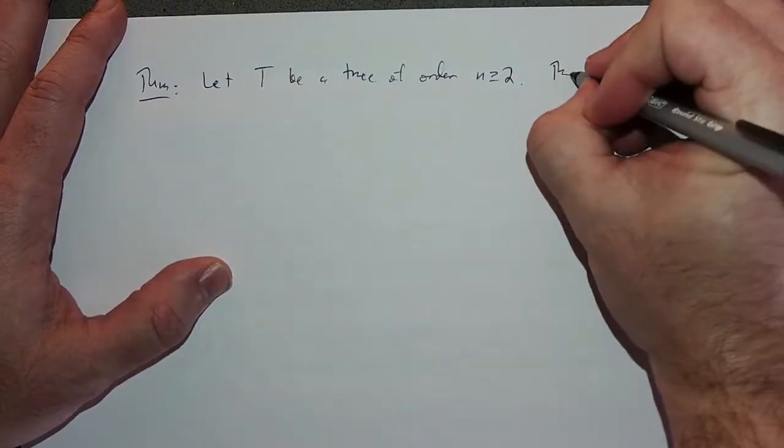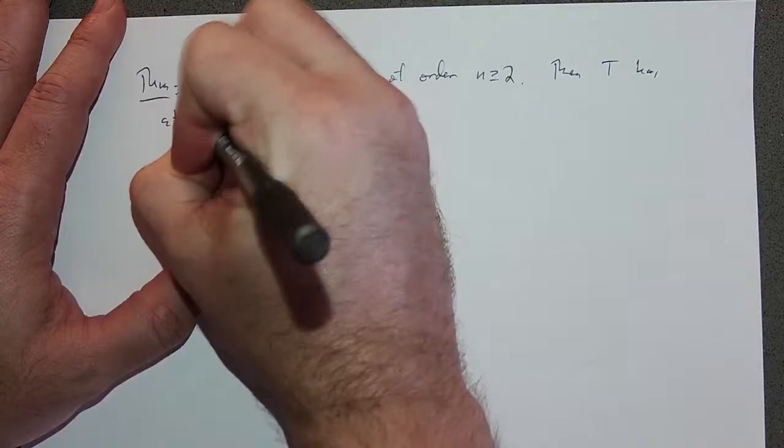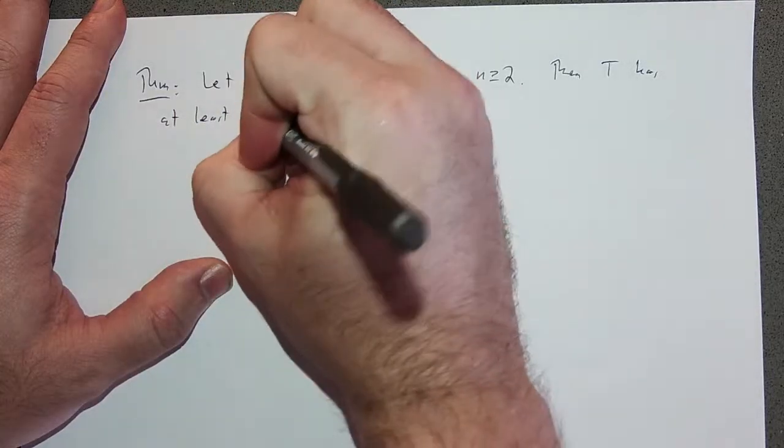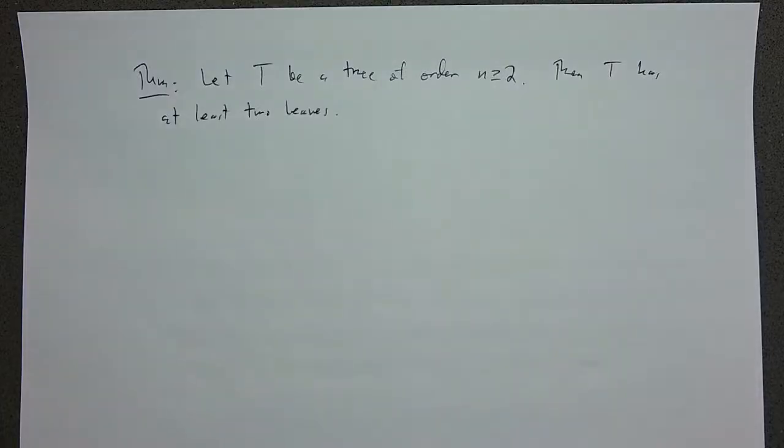Then T has at least 2 leaves. Okay, how does this work?